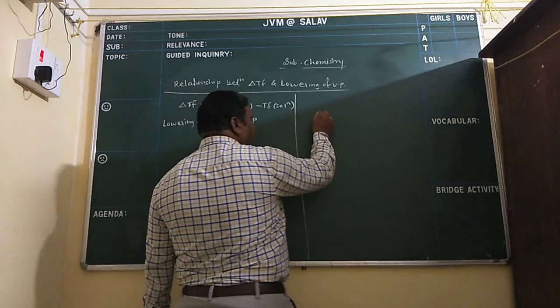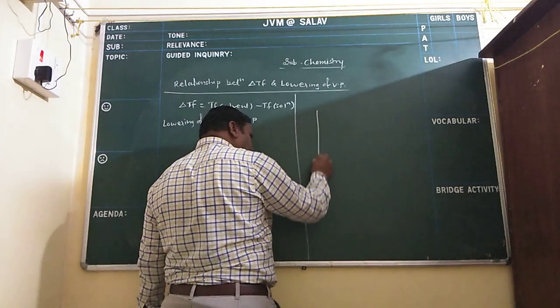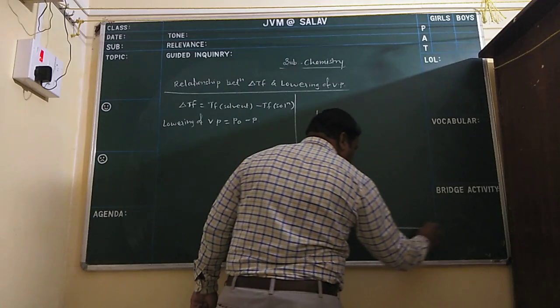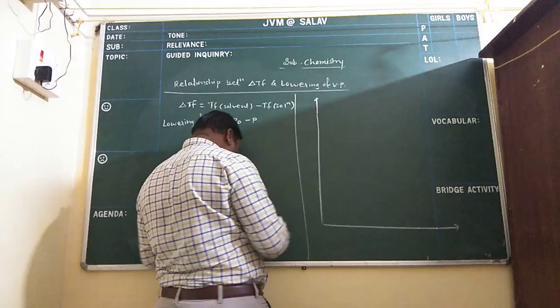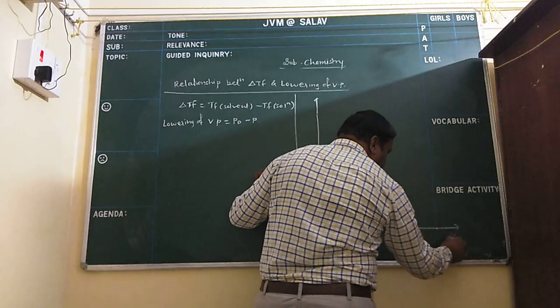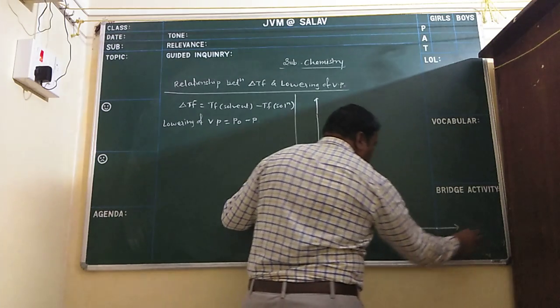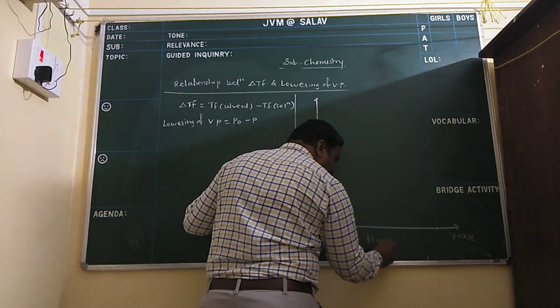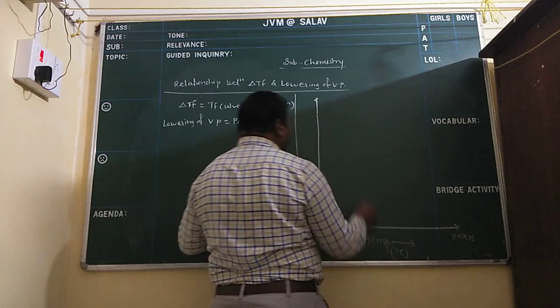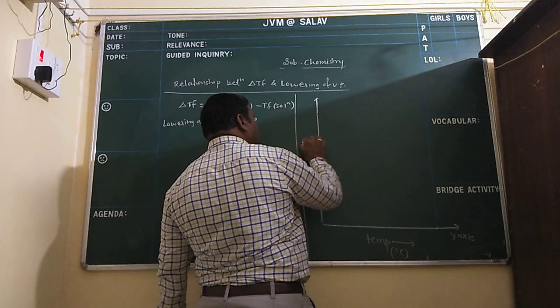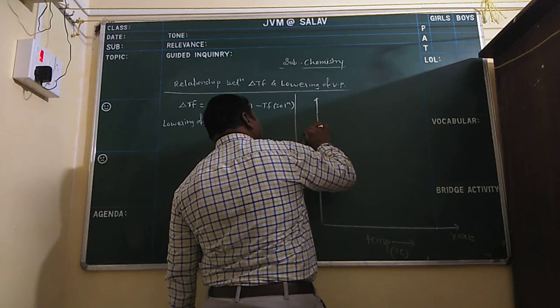So graphically, on the x-axis it is temperature in degree Celsius, and on the y-axis will be the pressure.